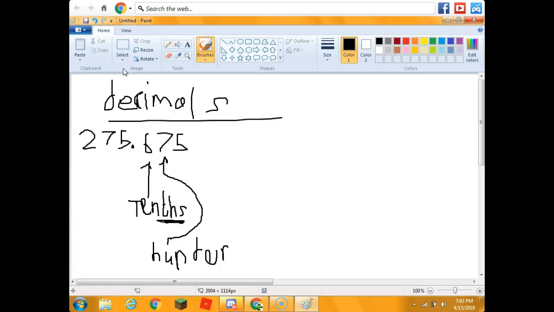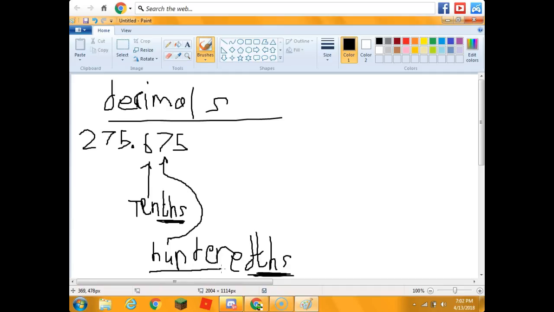That's the sideways E. Hundredths place. Hundredths. So the TH means that it's decimals. The TH, you say it as hundredths.